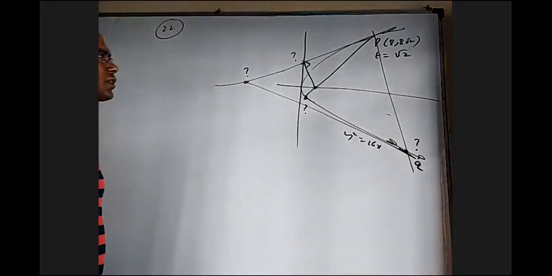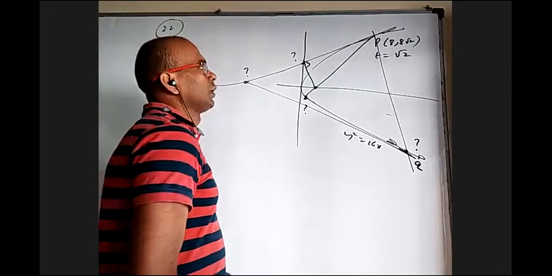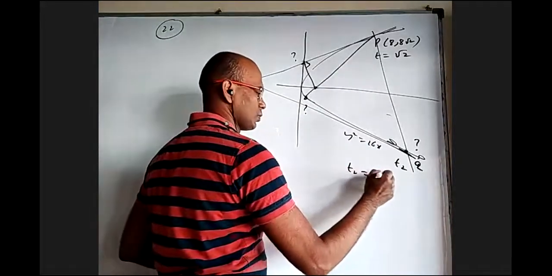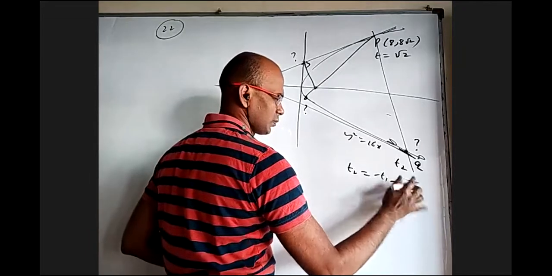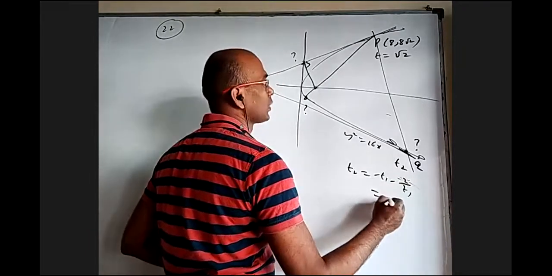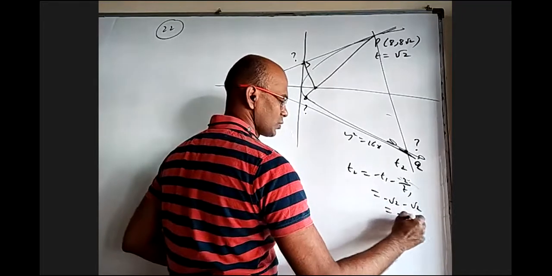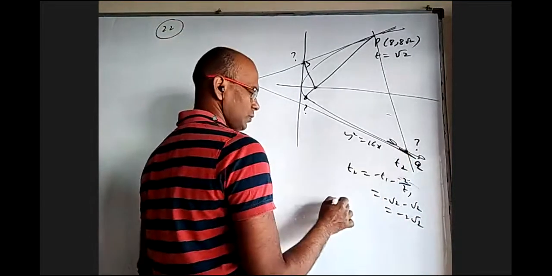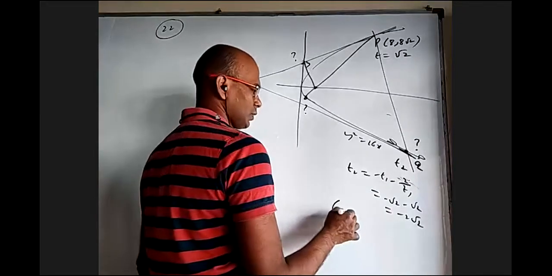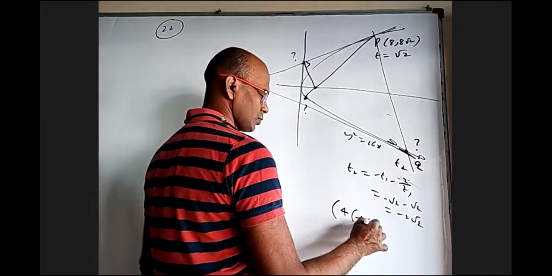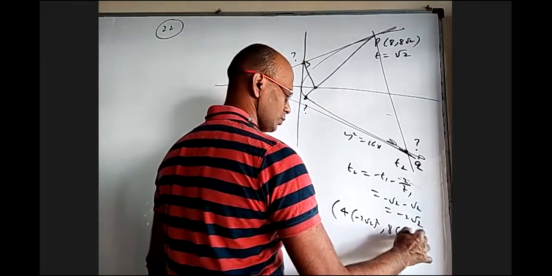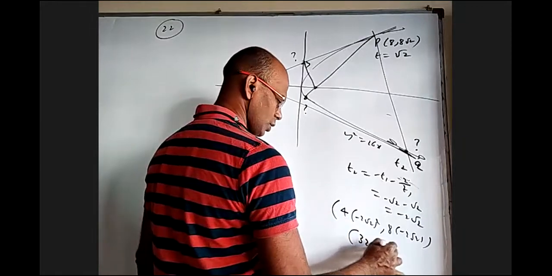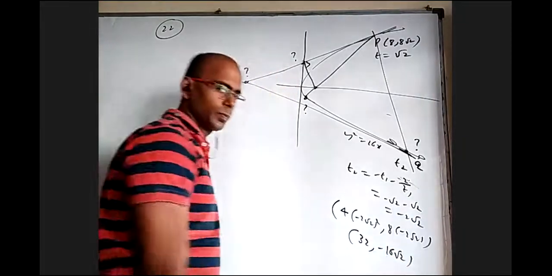Okay, so just recollecting all the formulas. If normal at T1 again intersects at, let us say, T2, then T2 equal to minus T1 minus 2 by T1. Minus root 2 minus root 2 is minus 2 root 2. So this point will be (at square, 2at). A is 4, so 4 into minus 2 root 2 whole square, and 8 into minus 2 root 2: 8 4s are 32, comma minus 16 root 2.